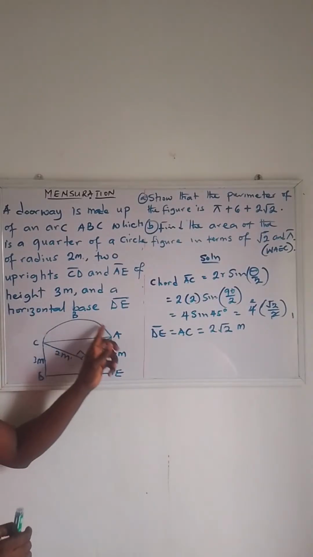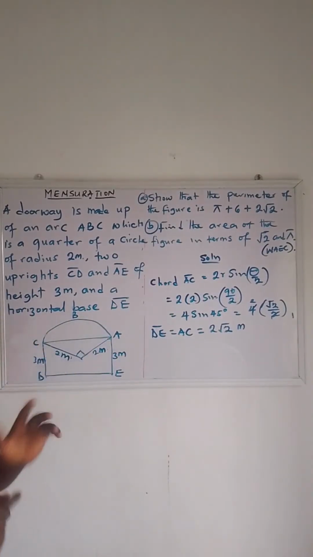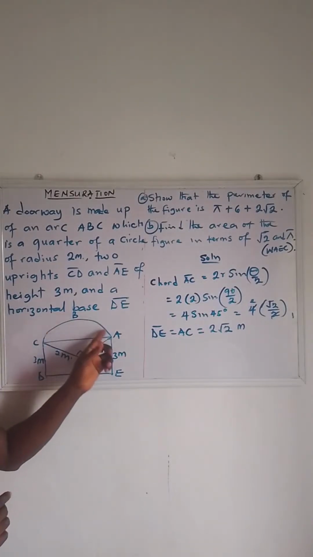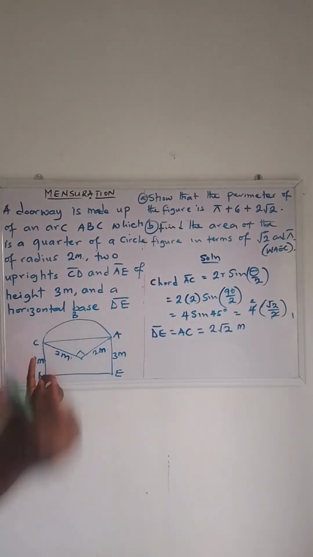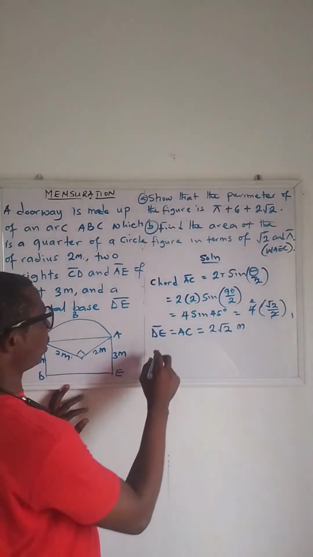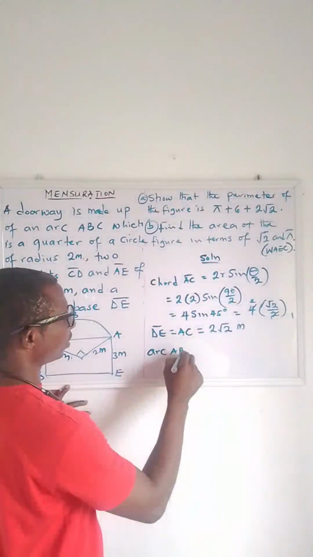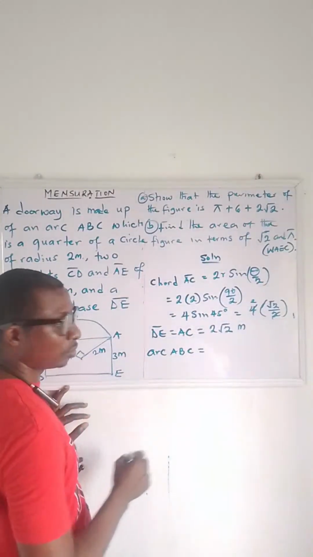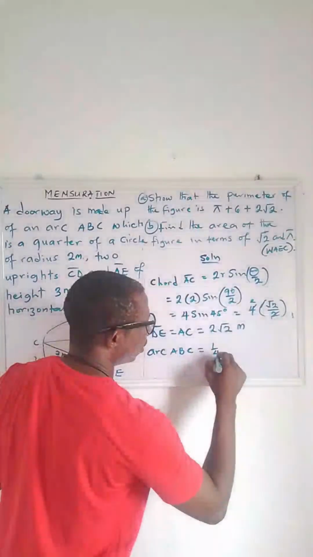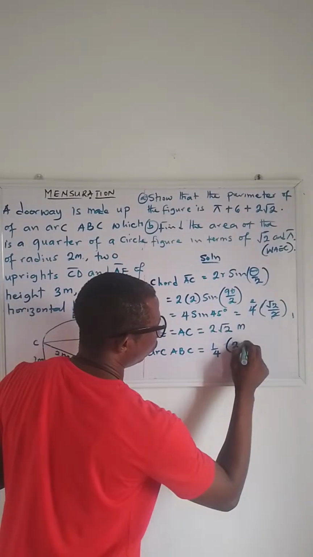So we need the curve here. So what is the curve? That's the last thing we want to get. Now, this is 1/4 of the whole circumference of a circle. So I'll just say arc ABC equals 1/4 of 2 pi r.